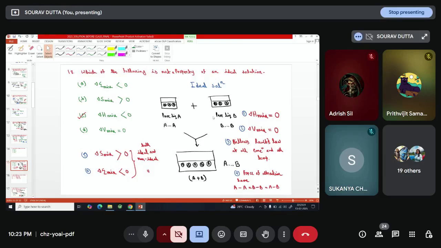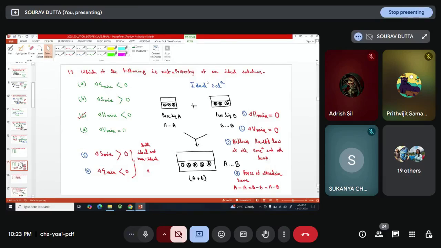If the solution is an ideal solution, then the interaction of AA and BB before mixing is similar to the AB interaction after mixing. That means no heat is released, no heat is consumed. So delta H mixing, that is enthalpy of mixing, equals 0 for an ideal solution.